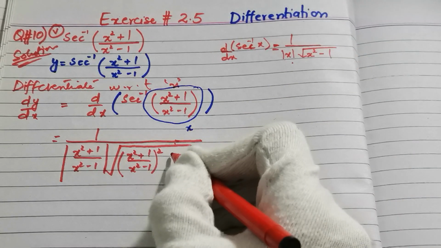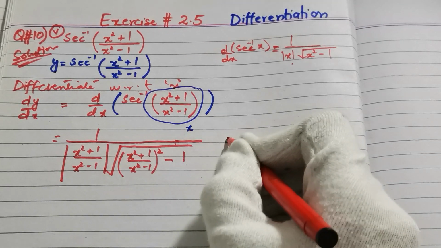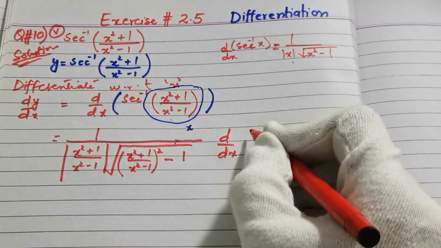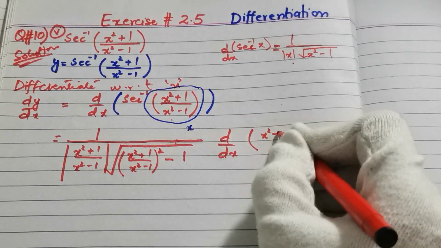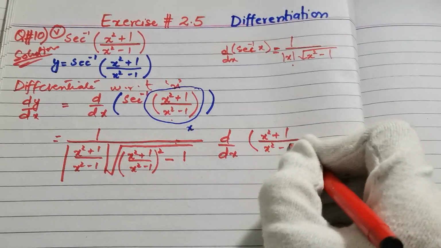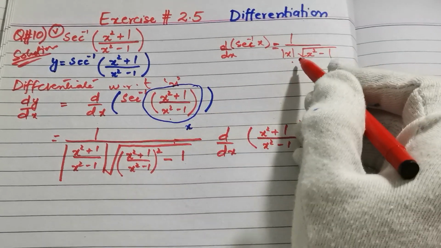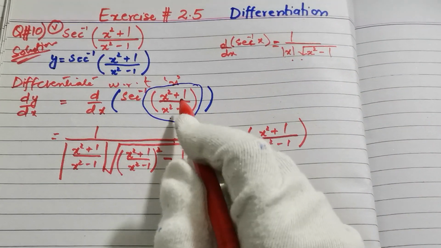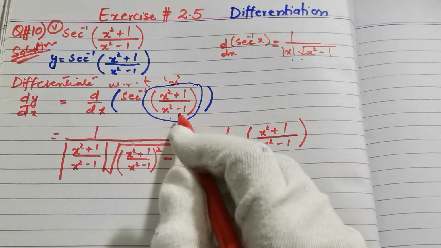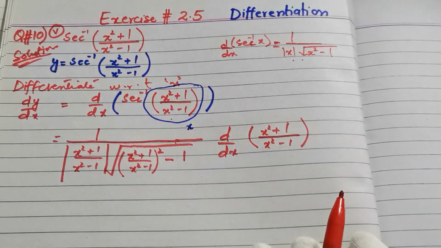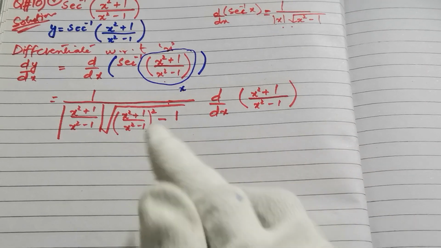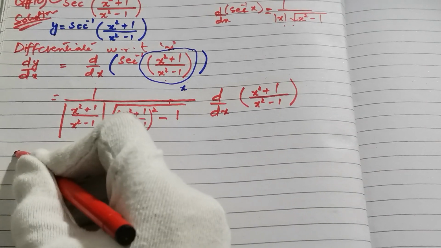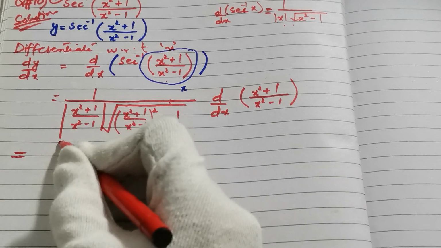Now we can see that this is not simple x, so we differentiate (x square plus 1) divided by (x square minus 1). If this is simple x, then we write the simple formula. This is not; it is in the form of a quotient, so we will again differentiate this term. Now we solve this.